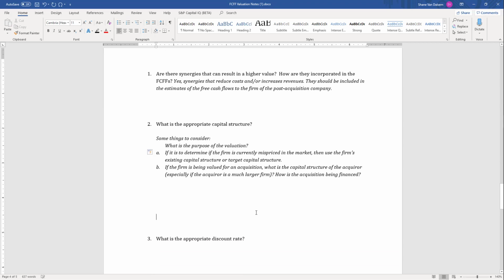Then the last question here is, what is the appropriate discount rate? And again, it depends on the purpose of the valuation.